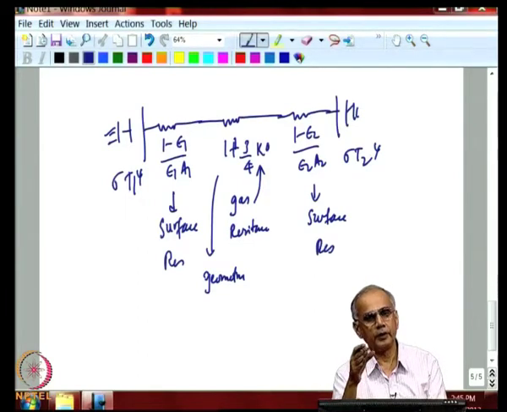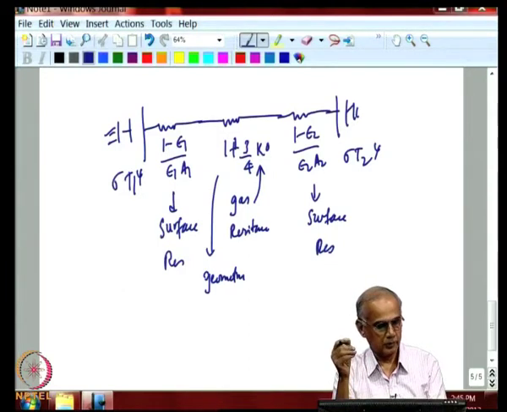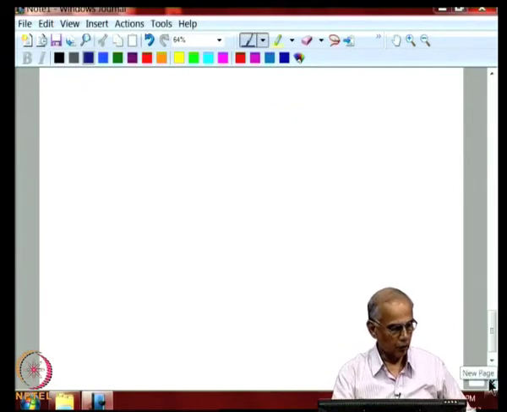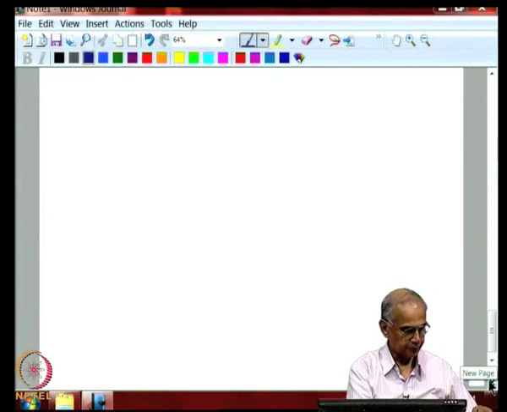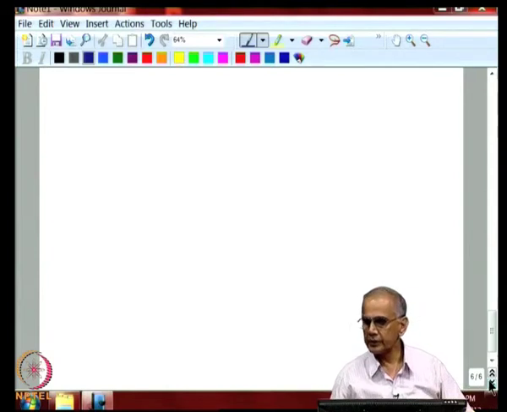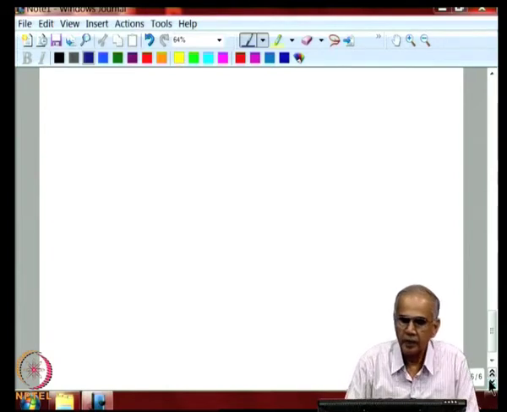So, radiative equilibrium is not something we encounter very commonly. So, you have to deal with problems where radiative equilibrium is not valid. So, I will take up a simple example of a situation where radiation is not in equilibrium, and this example, although very simply stated, has relevance to furnaces.